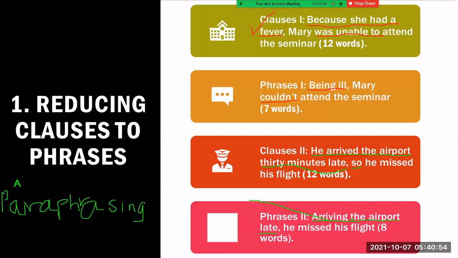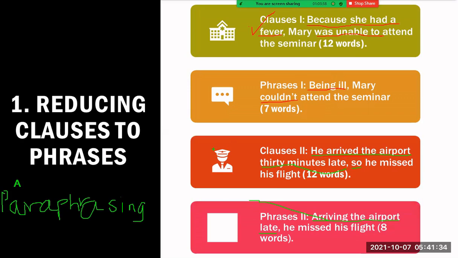It is actually a participle clause that resembles a phrase, and it is a very effective way of reducing words. So you can reduce clauses to phrases. You can also reduce some longer types of clauses to some shorter types of clauses, such as reducing a main clause here into a participle clause. In the first example, we reduced a subordinate clause into a phrase. So these are word reduction techniques.